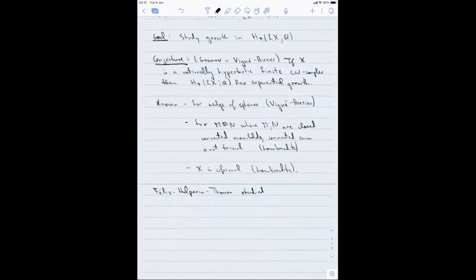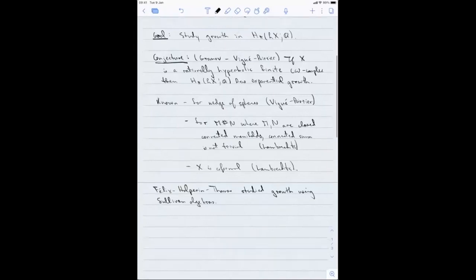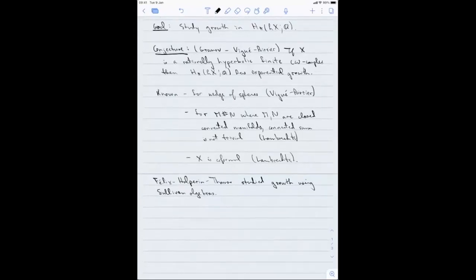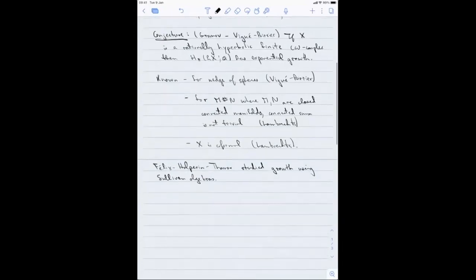But in all of this, they studied this growth using Sullivan algebras, as the rational homotopy theorists tend to do. And we'll take an approach later on, which will use this decomposition method, which is an integral method. So it's quite a different method.